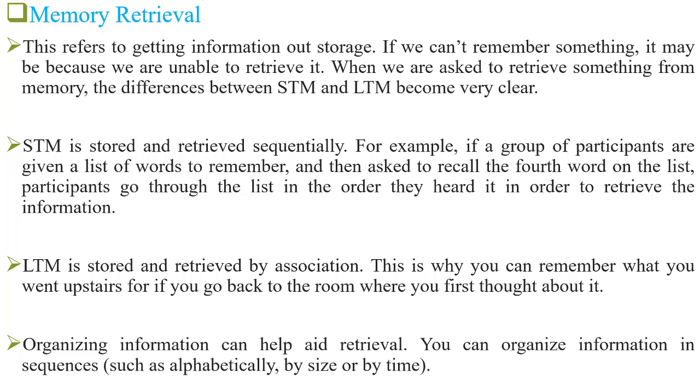Let's say you are downstairs, so you go upstairs to bring something, but when you get to the second floor, you forget why you're there. So to remember what you're there for, you have to go back. Just going back to where you were would trigger your memory again, and then you retrieve the information. Then you remember why you were there.